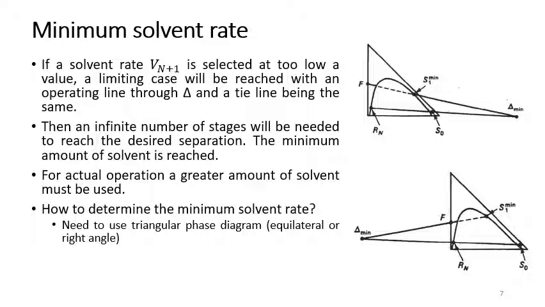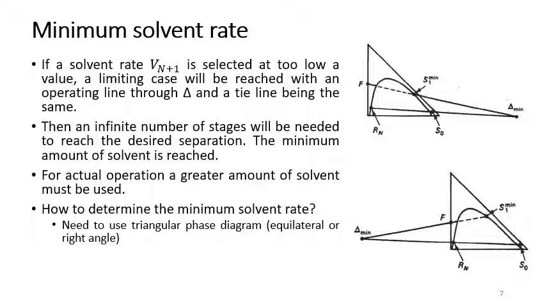If the solvent flow rate Vn plus 1 is too low, then you cannot do the separation. If you choose the minimum solvent flow rate, then you will have to deal with an infinite number of stages, because the operating line, the operating point will go through the delta.